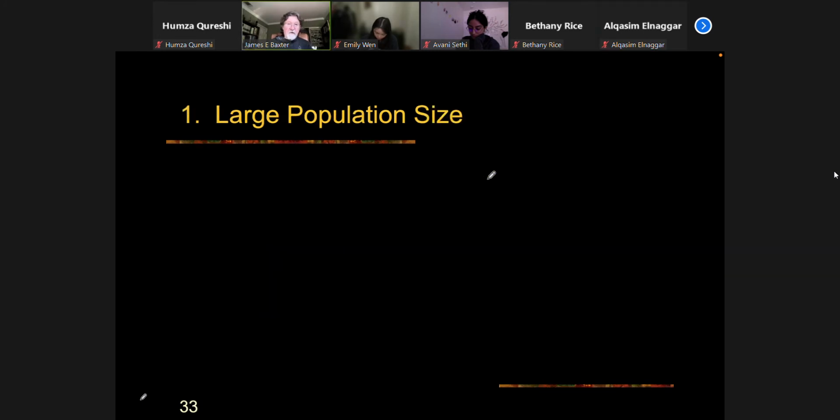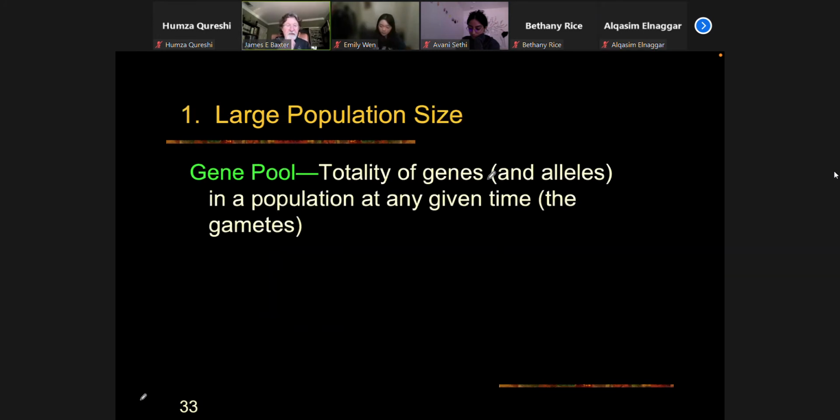Okay, so large population size. There's a concept here called the gene pool. The gene pool out of all the breeding individuals in this population is the totality of the alleles that are available for sexual reproduction. So we're dealing here with the sexually reproductive population, and all of the sperm and all the eggs that are produced by the reproductive individuals in this population, all the gametes, constitute the gene pool.